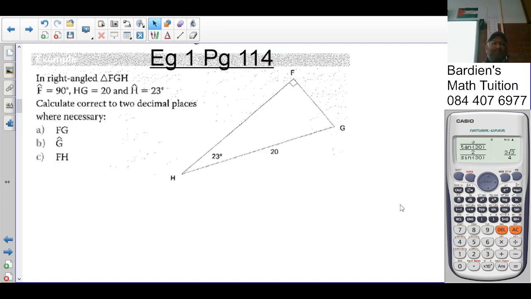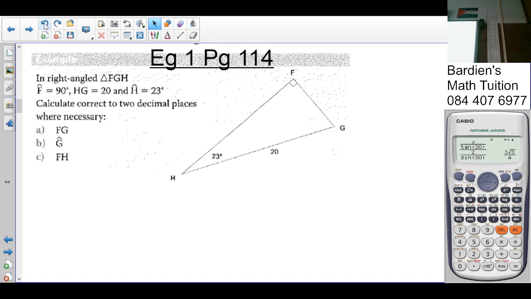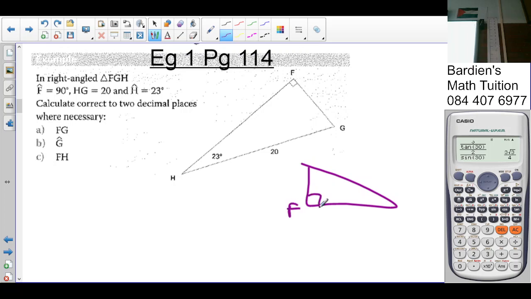Then you should be able to draw triangle FGH. You draw a triangle. Then we say, okay, FGH, angle F is 90, so we fill in that first. There's H and there's G. HG is 20. And angle H is 23. And then there's your triangle.